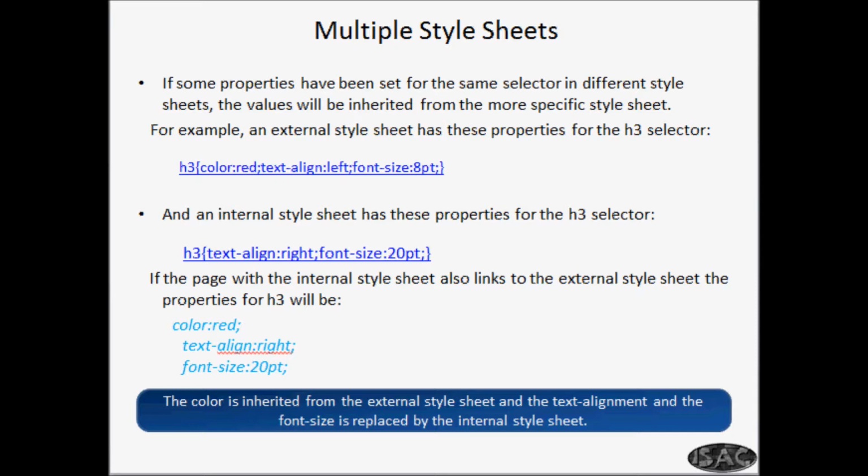So you can notice this example here. You can see here that in the external style sheet, H3 has color red, text-align left, font size 8 point, right? Again in the internal style sheet, text-align right, font size 20 point, right?